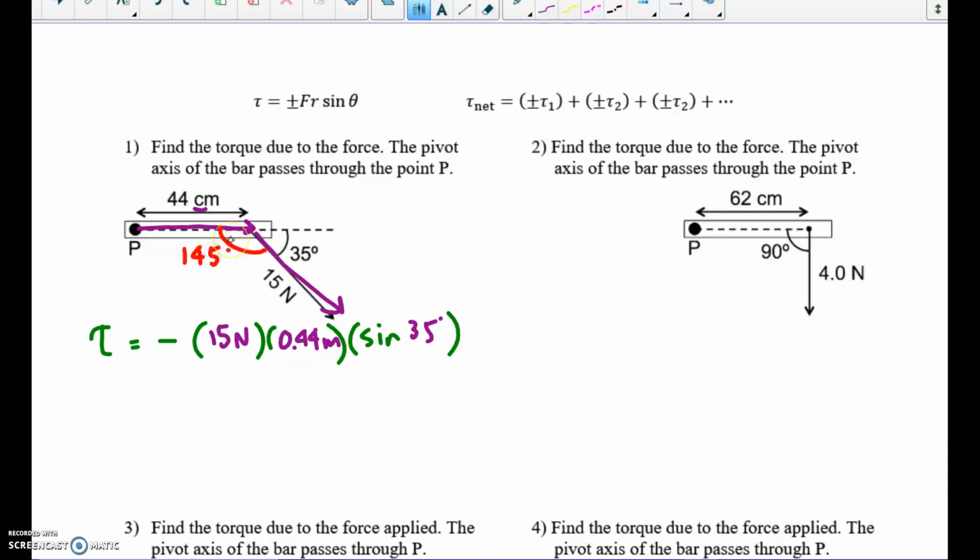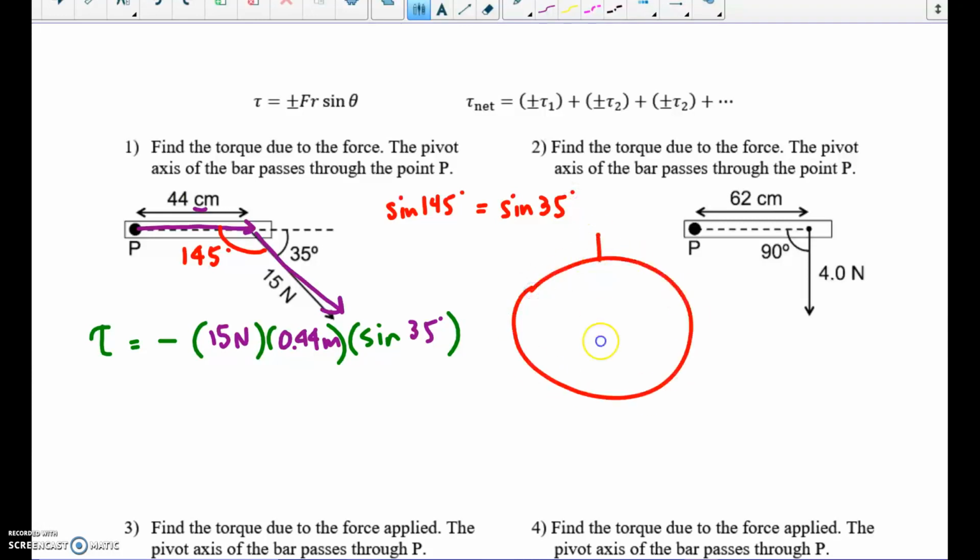But if you want to see something cool, type sine of 145 into your calculator. And then type sine of 35 into the calculator. It's the same value. If we think about the unit circle, if you work up some angle here, and then you go up the same amount there from 180, they're going to have the exact same y-coordinate.